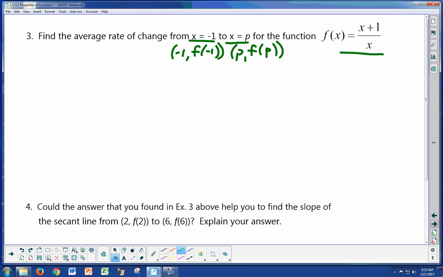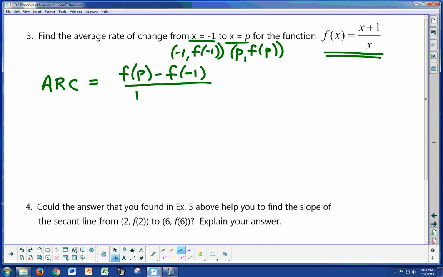And here is our function, which is rational, and that is going to be a little bit nasty. So let's give our shout out to the average rate of change formula, because that at least keeps us going here. f of p minus f of negative 1 over p minus negative 1. Again, I'm just doing kind of a slope calculation with these 2 points.